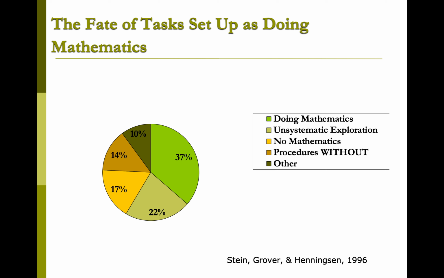Okay? And these slides right here really just show what happens when we set up tasks in specific ways. So what's the learning associated, what's the retention, what's the recall when we look at doing mathematics versus not doing mathematics, which is implementing procedures.